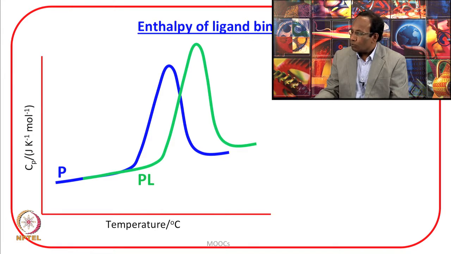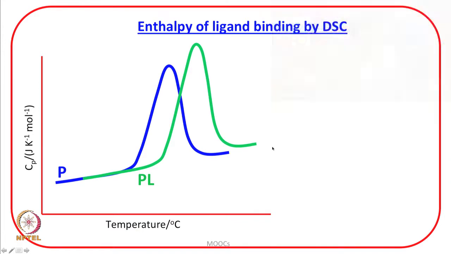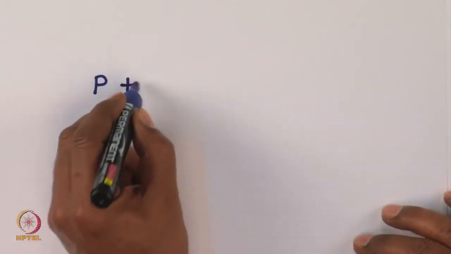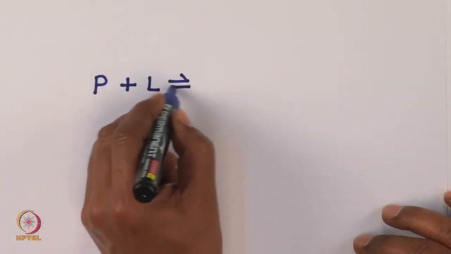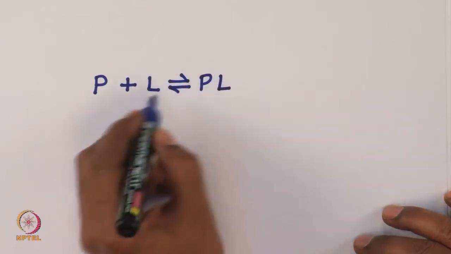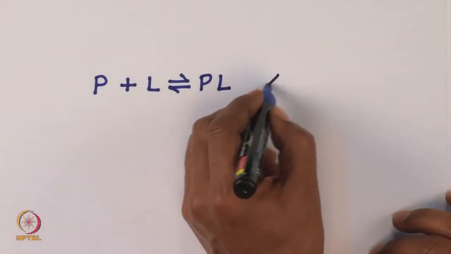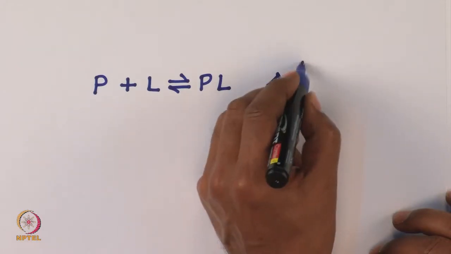What we need to do is two experiments. One is with the protein, DSC of just the protein, and the DSC of the protein ligand complex. What we are interested in is P plus L forming PL, and what is the value of delta H?